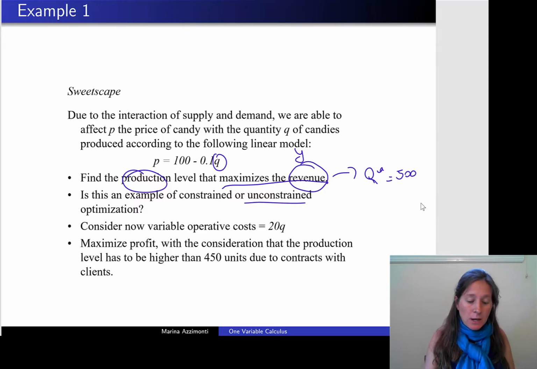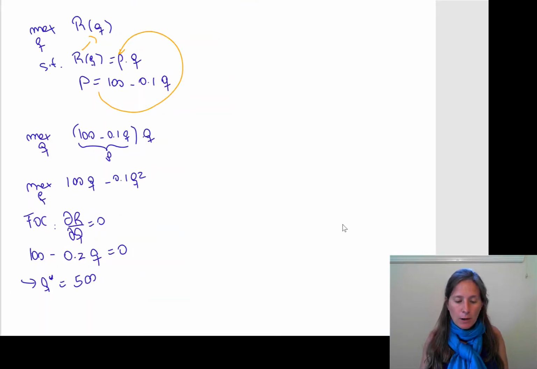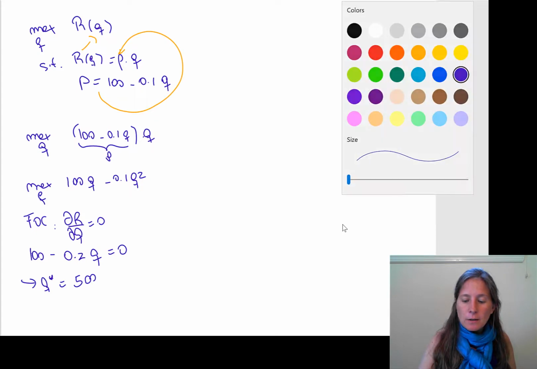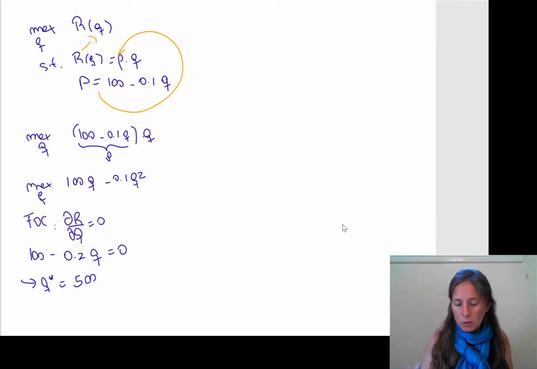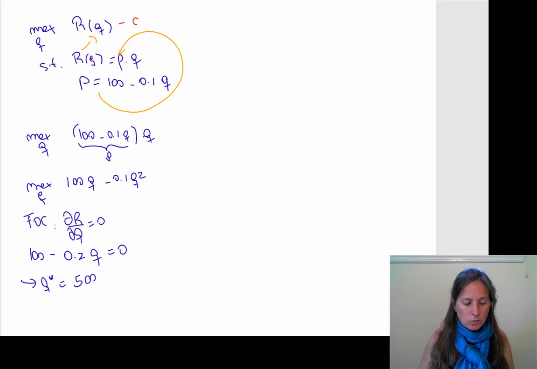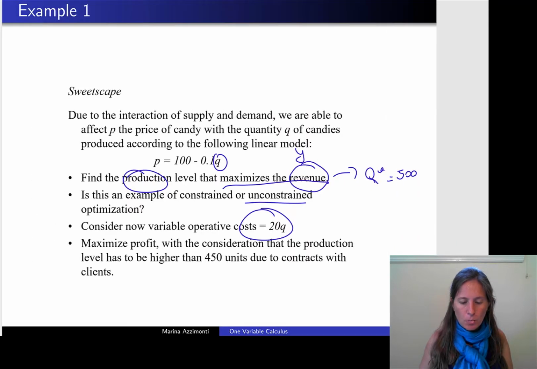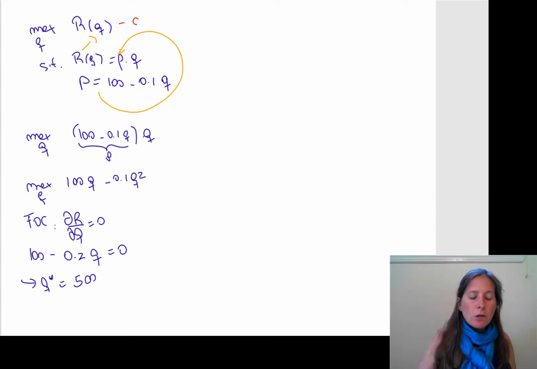Then it says, now imagine that you have costs of 20Q. So how does that change our problem? Now let's imagine that we want to look at your revenue net of cost.